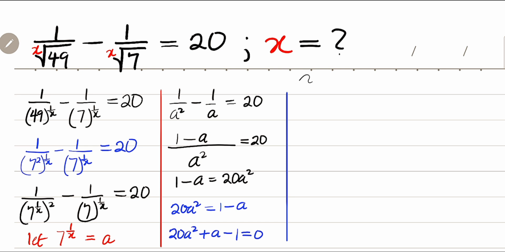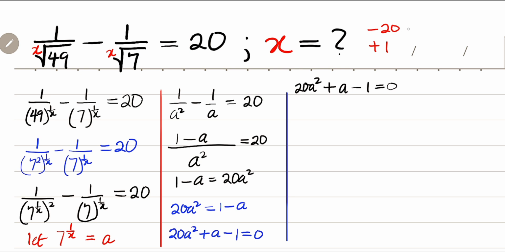Take note, here we have 20a squared plus a minus 1 equals 0. And take note that this quadratic has a leading coefficient of 20. All we need to do is to multiply it by the negative 1, and by so doing, the product will be negative 20 and the sum here is positive 1.